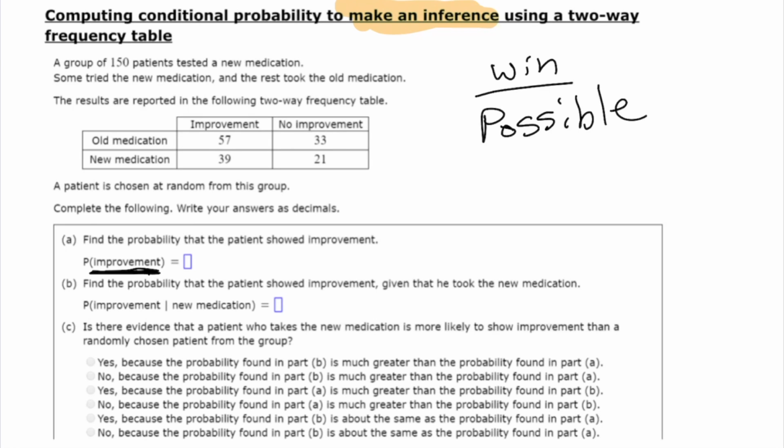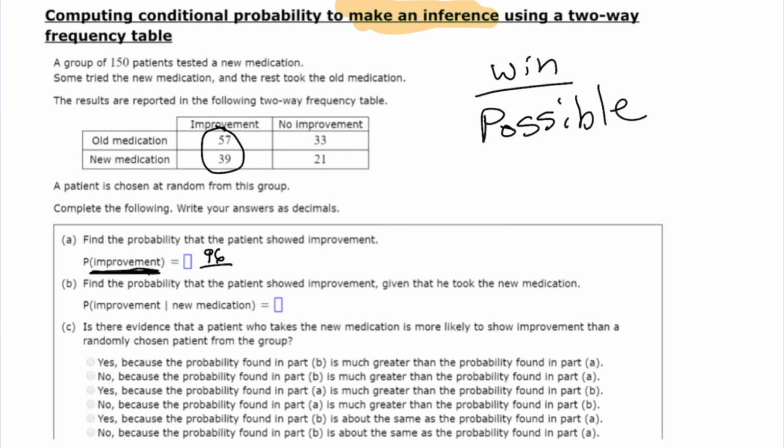In general, our improvement column was right here, 57 and 39. If we add those together, we get 96. Our win would be 96, out of how many possible?